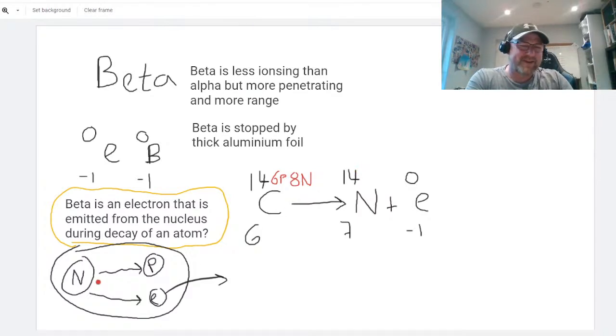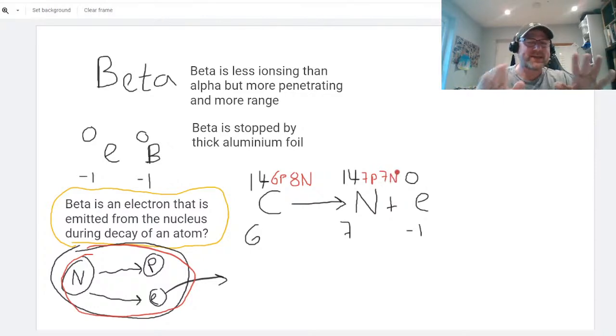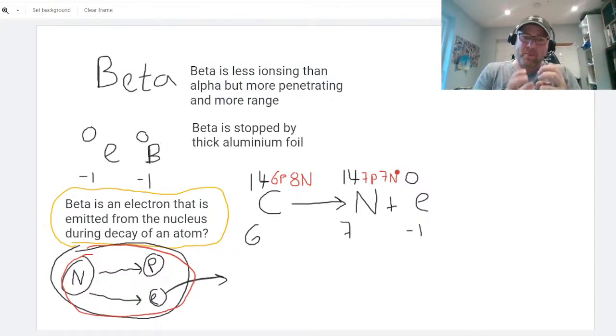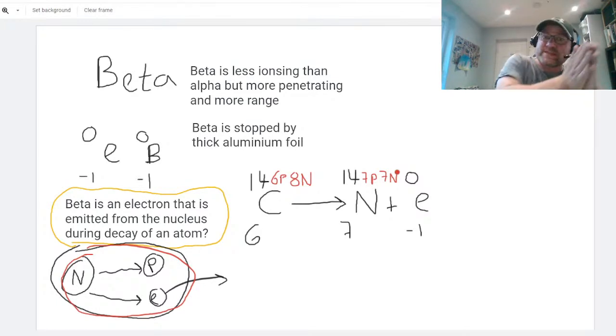When one of the neutrons breaks up over here, it turns into a proton. So our protons go up to 7, but our neutrons have dropped to 7. So when I said beta decay is a little bit more complicated, the neutron breaks up, so it went from 8 neutrons, 6 protons to 7 neutrons, 7 protons.